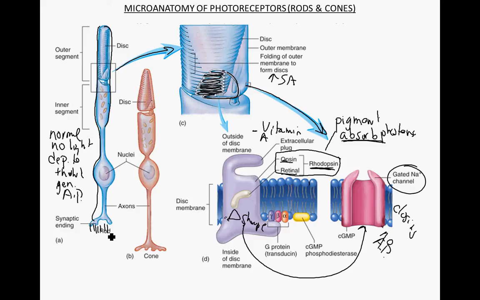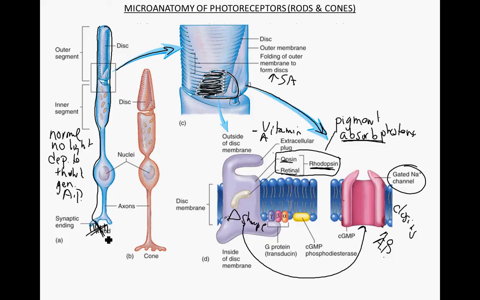Now when light shines on these rods, you get the absorption of the light, you get the shape change, and you get the sodium channel closing. And the sodium channel closing then stops any transmission at this neuron right here, and that then depolarizes the bipolar cell, which depolarizes the ganglion cell, and then that information is in some way transferred to, or interpreted at, the occipital cortex as light.